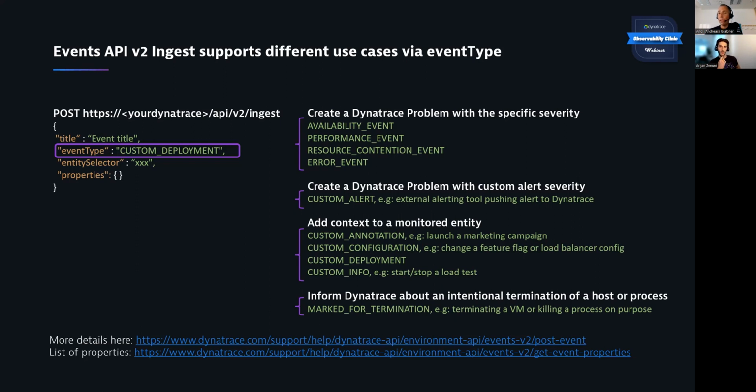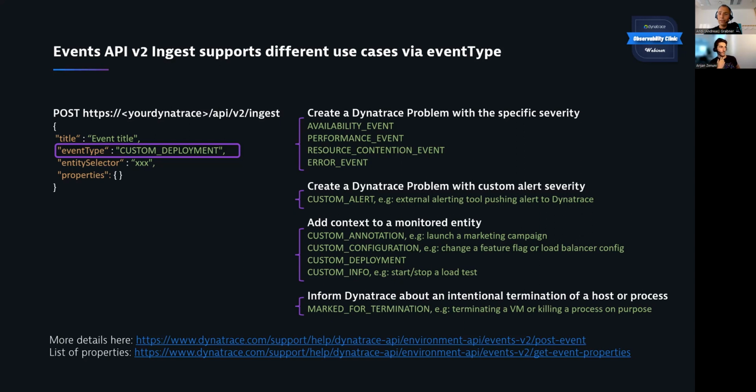That would be one thing. Or availability event, if you have an external synthetic monitoring tool and are not using Dynatrace for it, you can have this synthetic monitoring tool send in an availability alert, right? This will then open up a problem ticket in Dynatrace as if Dynatrace would detect it natively, and then you can use all of the great integrations that we have in terms of problem notifications.